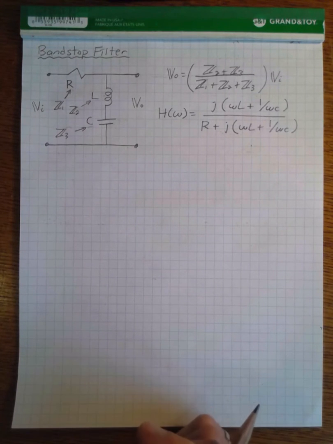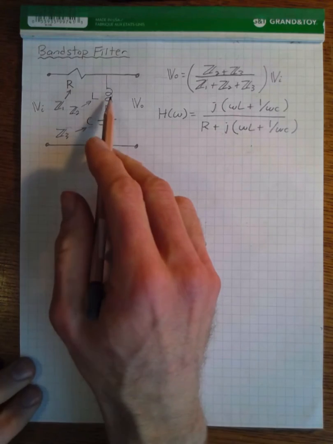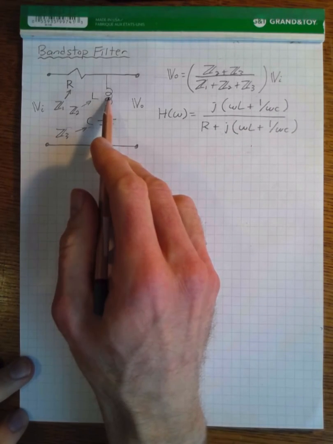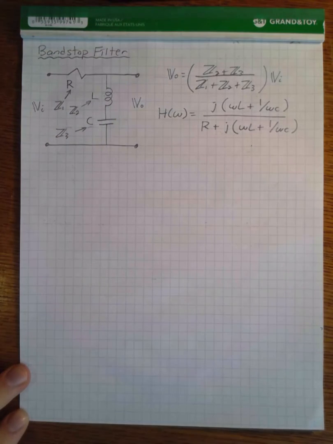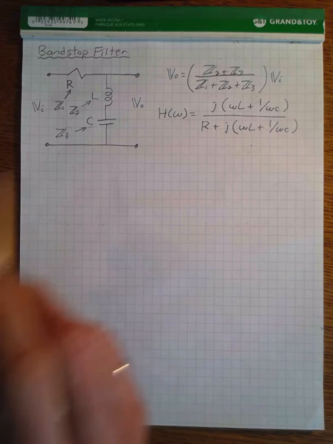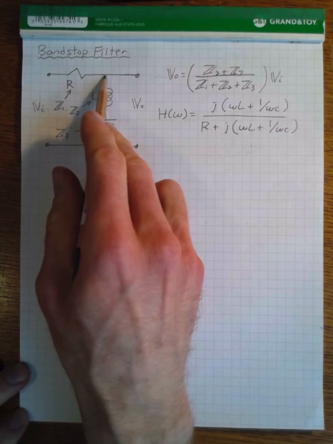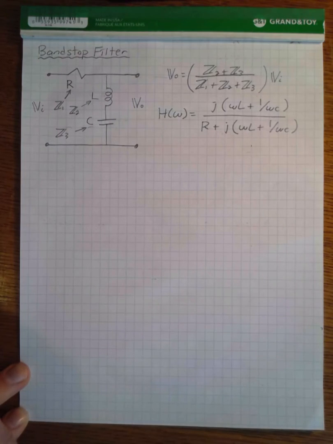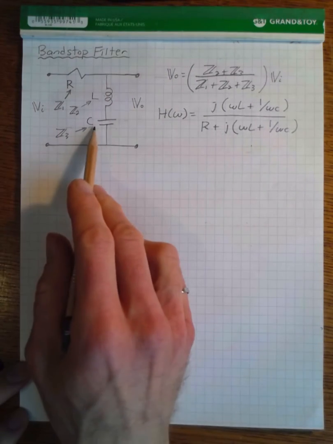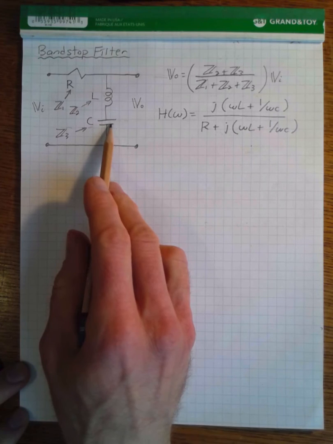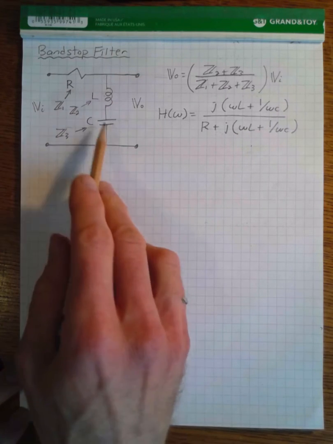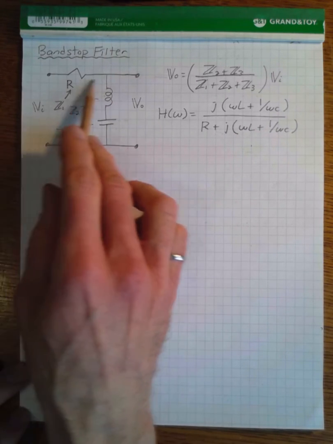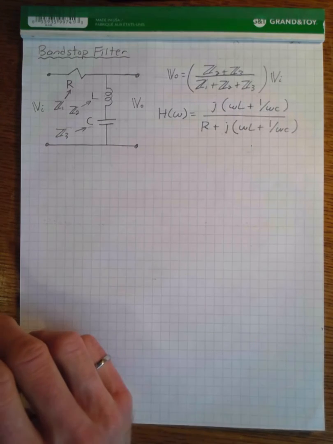And how is this filter working? Well, basically, we now have the inductor and capacitor forming a path to ground. And at very low frequencies, the capacitor is an open circuit, and so there's no path to ground, and so our sinusoid will pass through to the output unchanged.